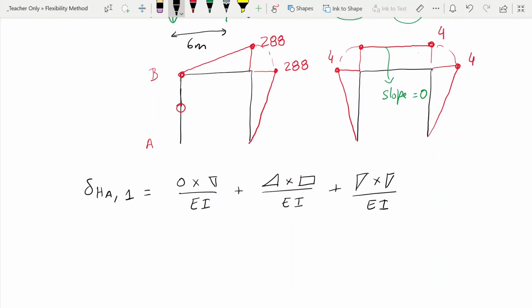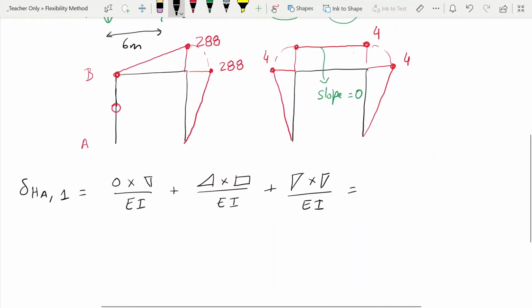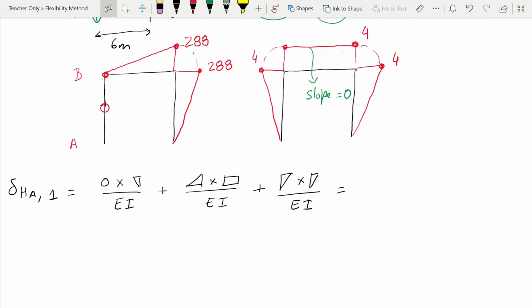Since all the EIs are the same, we can add them up at the end. So here we get 0 on the first one, then triangle times square is 1/2 ACL, and triangle times triangle is 1/3 ACL. Pay attention here because we need to make sure this applies to the triangle and the square. So 1/2 and then ACL.